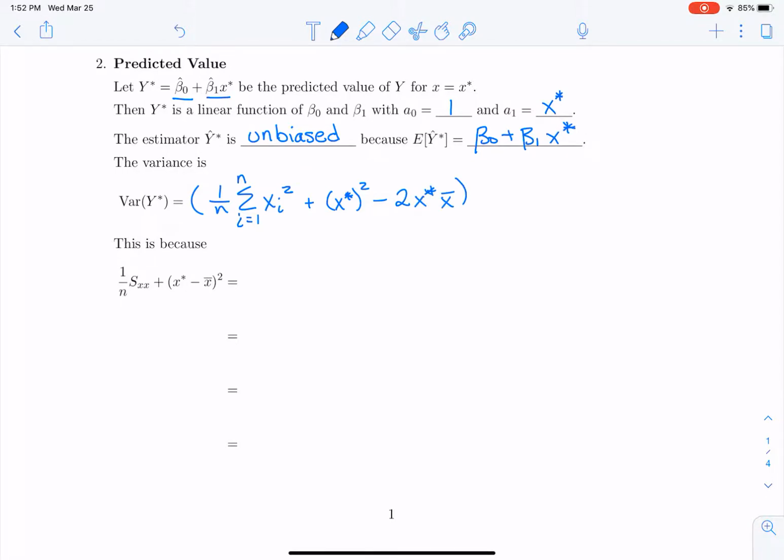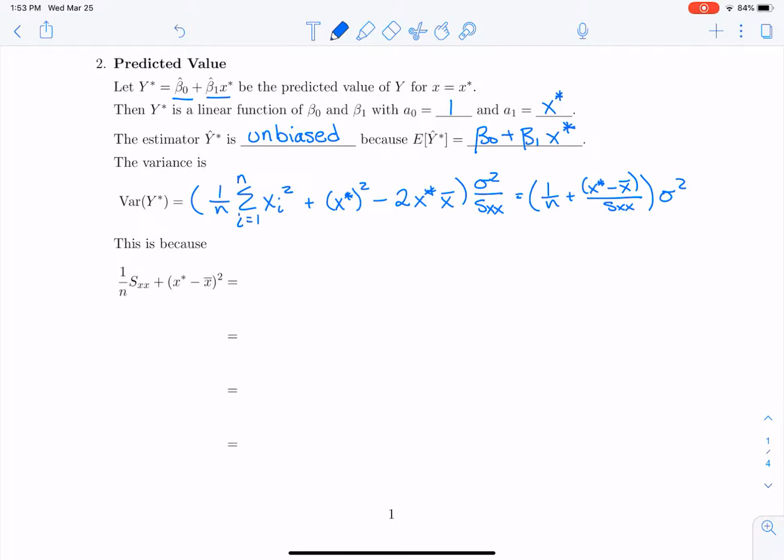And this is all going to be multiplied by σ² over s_xx. Now it turns out that I can rewrite this as 1 over n plus (x star minus x bar)² over s_xx, times σ².